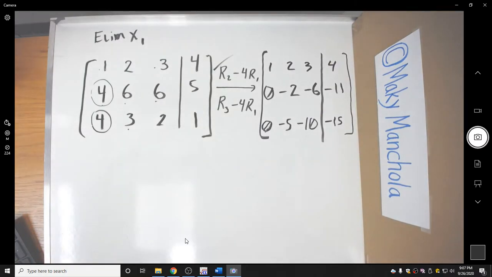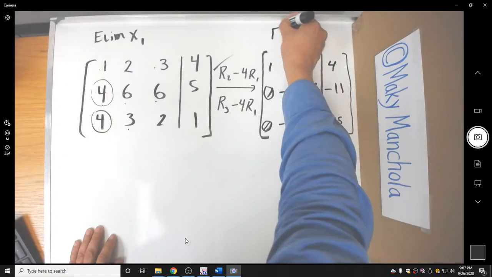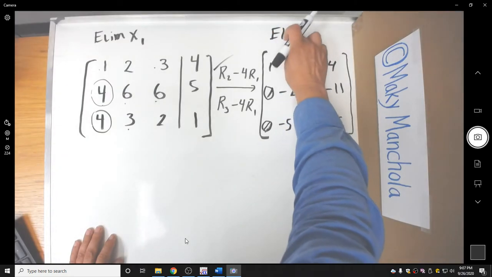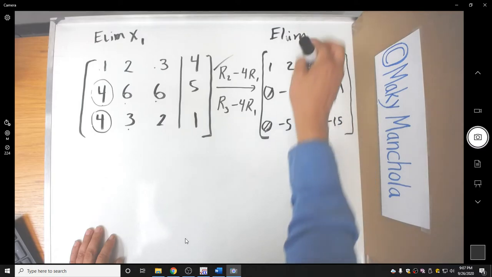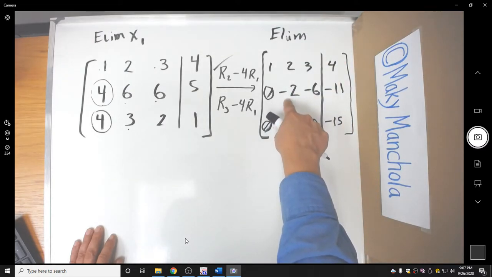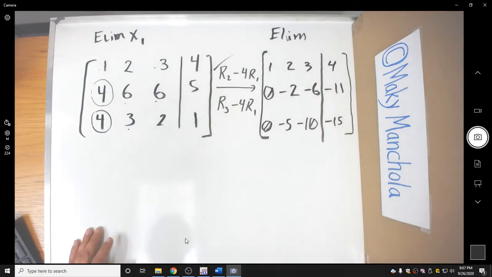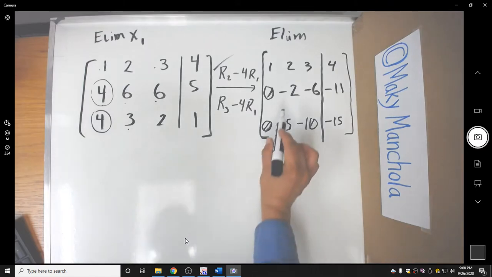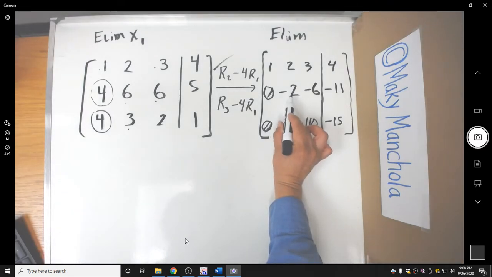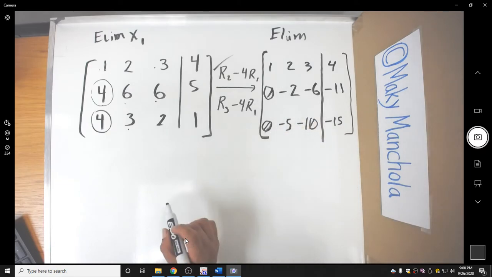Okay, now eliminate x2. Now the way we go about it is we try to make that a 1 and then use it to eliminate the 2 above it and the negative 5 below it. So to get a 1 in there, we just have to multiply the second row by negative 1/2.